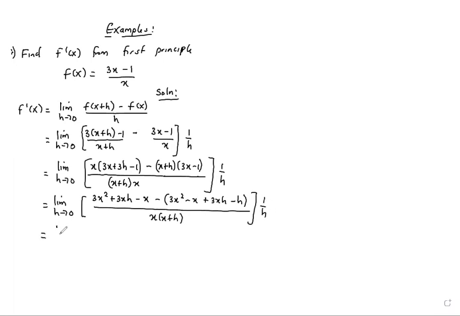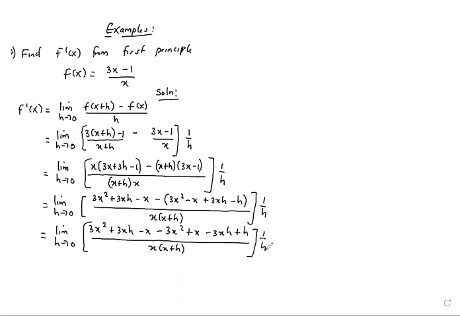On top there, we have the limit as h goes to 0, 3x squared plus 3xh minus x minus 3x squared plus x minus 3xh plus h over x plus h.